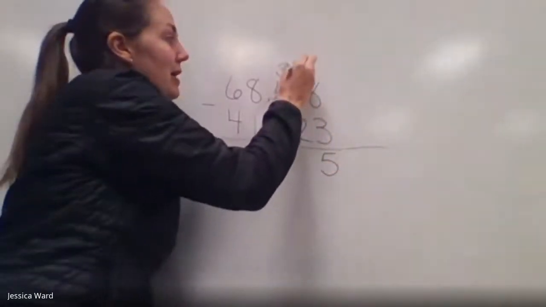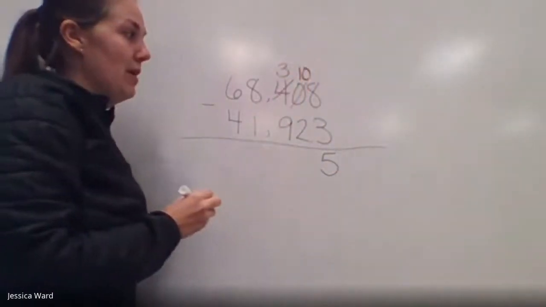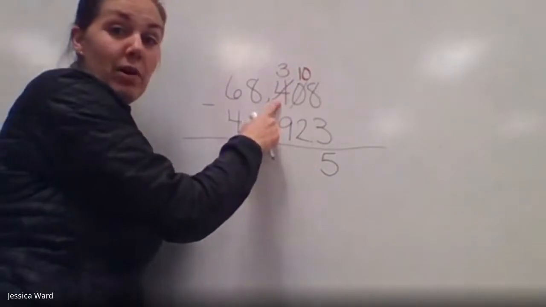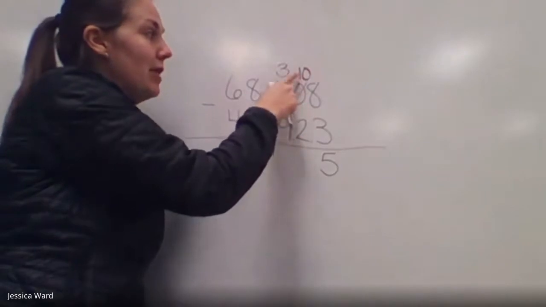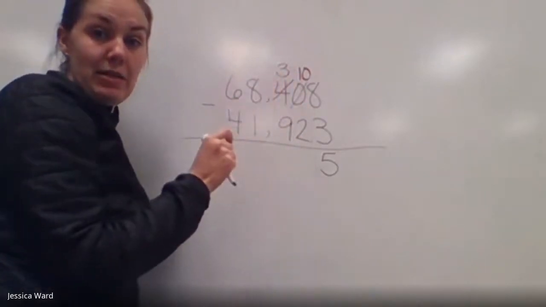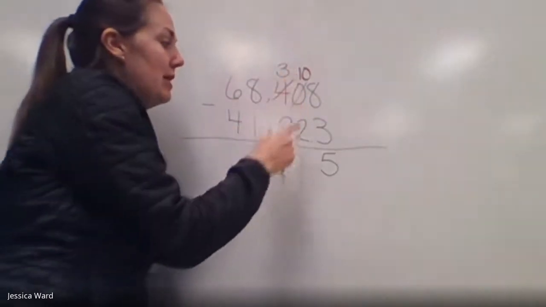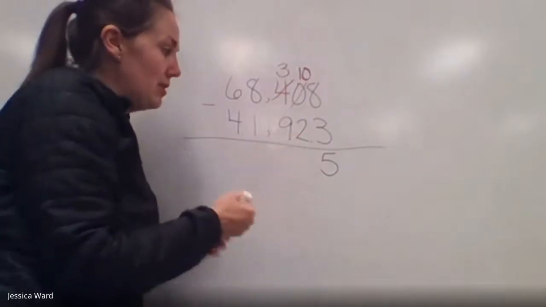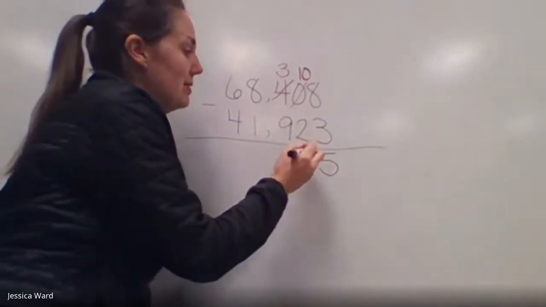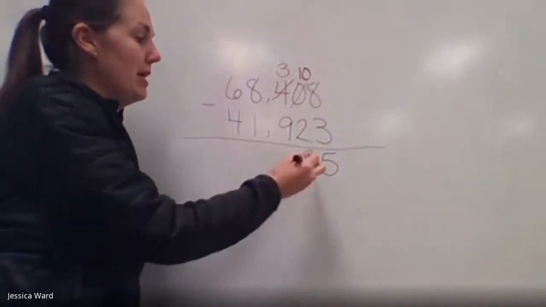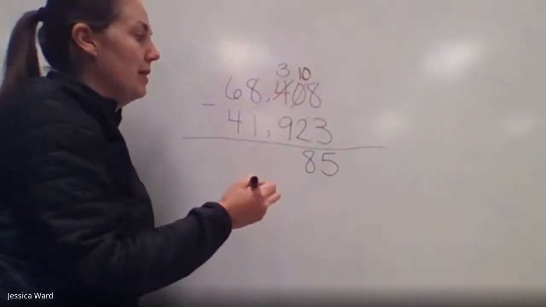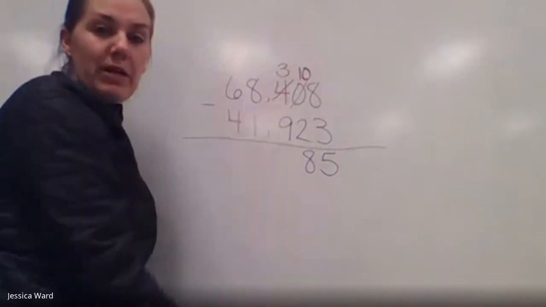That means I have 10 tens up here now. So I crossed off my 4. I'm left with 300s. I crossed out my 0 and I have now 10 tens to use. 10 tens take away 2 tens is going to leave me with 8 tens, because 8 plus 2 makes 10.